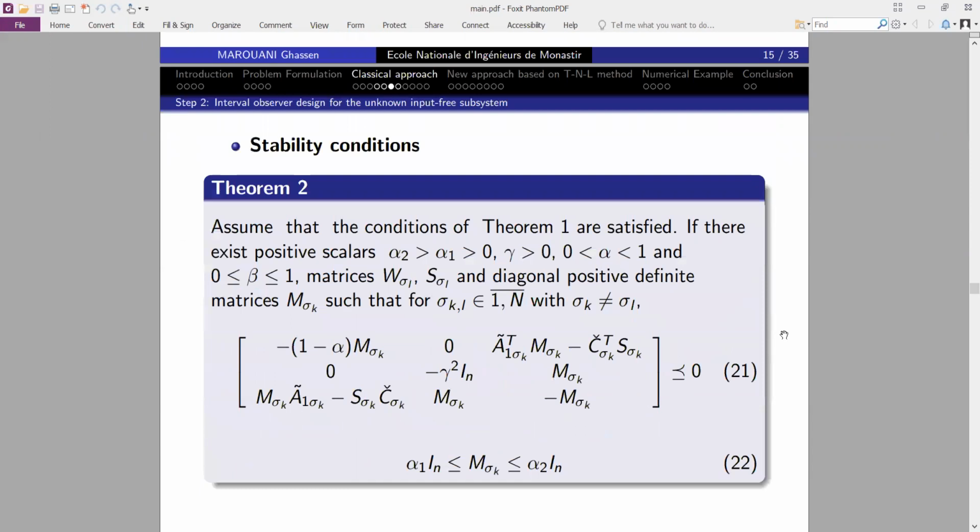The stability condition, or the condition of existence of the interval observer, such that the framer becomes an interval observer, is given in the following theorem. We have proved this theorem using the ESS lemma to prove the stability of this kind of switched system.